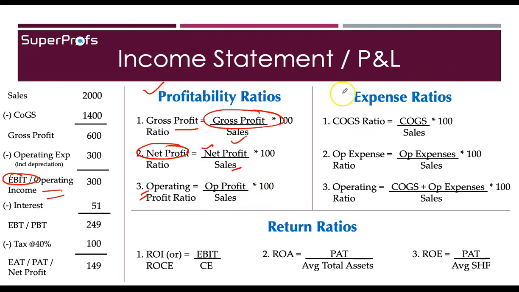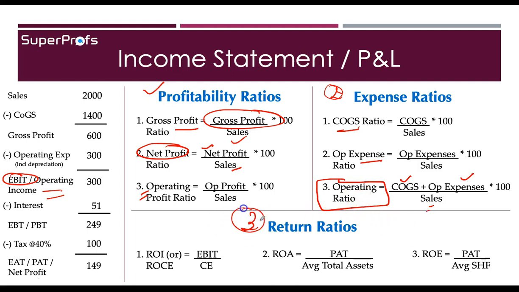The second kind of ratio is expense ratios, and in this you calculate the different kinds of expenses, whether they're the cost of goods sold, operating expense, or the overall operating ratio, in which you take both the costs, the cost of goods sold as well as the operating expenses, and divide by sales.